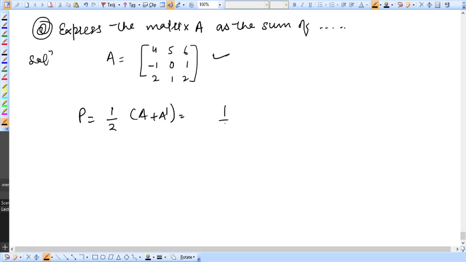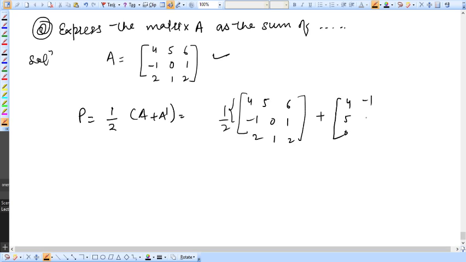It would be equal to half of A, which is 4 5 6, minus 1 0 1, 2 1 2, plus A transpose. Half of this sum.